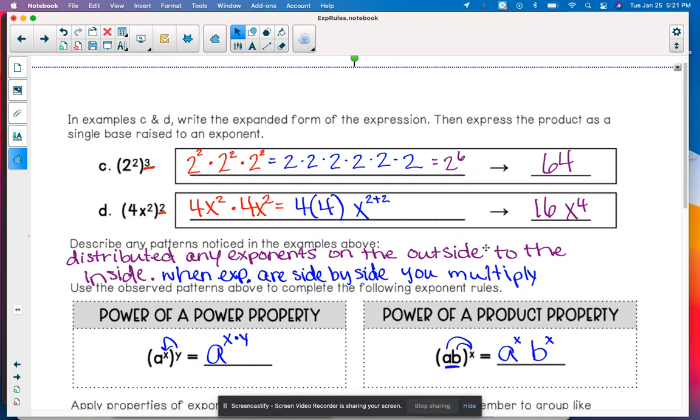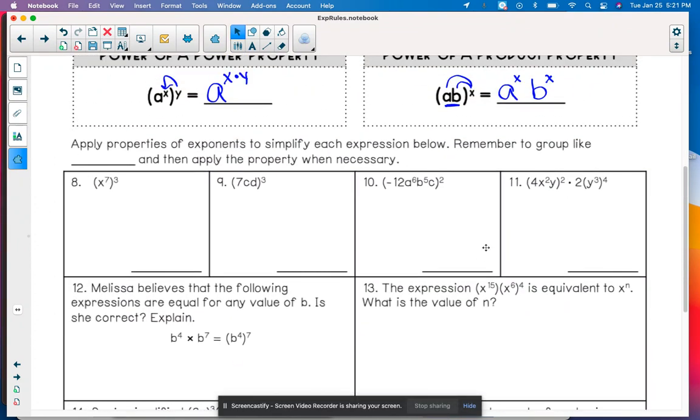We have a little bit left and then we'll be done for today. So the next thing we need to look at is that when we apply properties of exponents to simplify each expression below, remember to group like bases and apply the property when necessary.